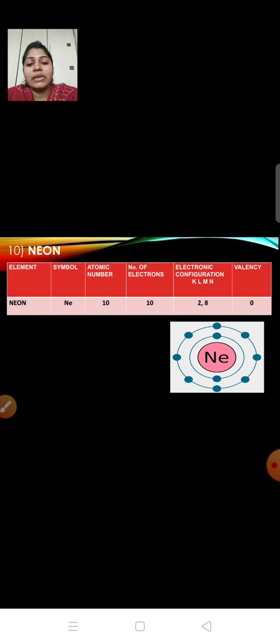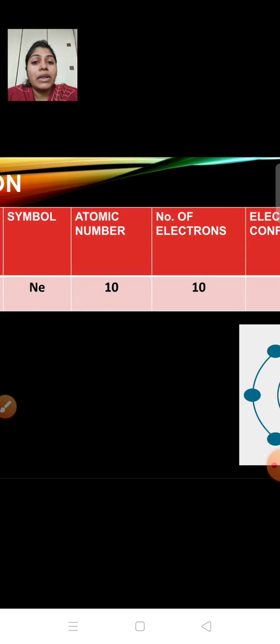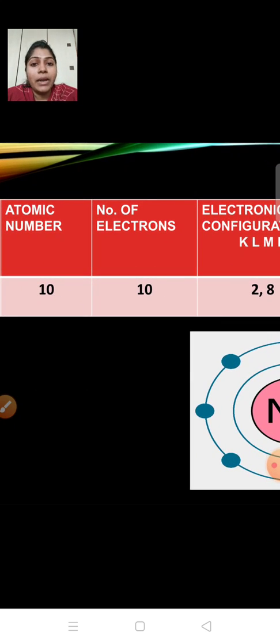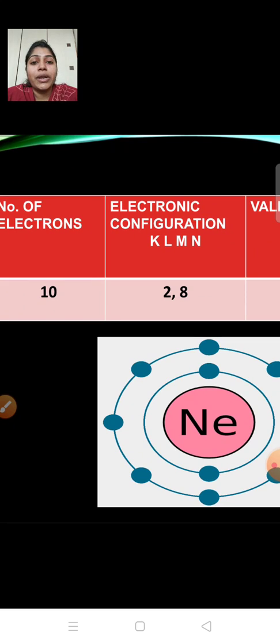Next one is neon. The symbol of neon is Ne. Atomic number 10. Number of electrons 10. Electronic configuration, 2 electrons will occupy K shell and the remaining 8 electrons will be occupied by L shell.